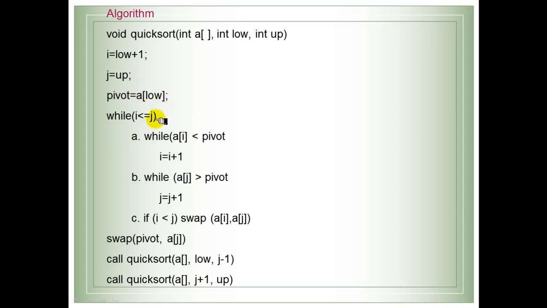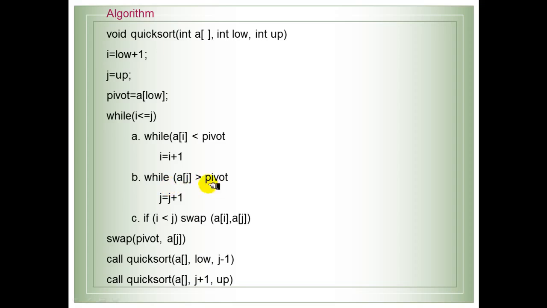We go for the loop wherein till the index are less than. So while A of I is less than the pivot element, we increment the lower value, I is equal to I plus 1. This continues till we get an element greater than the pivot. And if it is greater, we stop this loop and go for the next loop, A of j, which is checked with the pivot element.